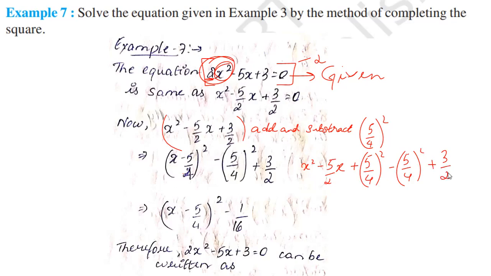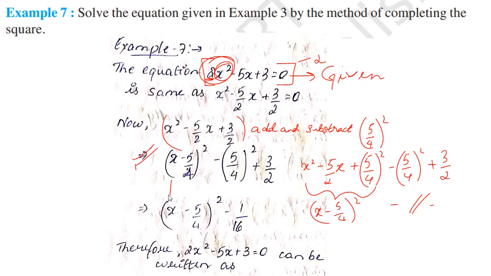If you see, this is of the form x minus 5 by 4 the whole square. The remaining part you take as such. That's what we have done in this particular step.